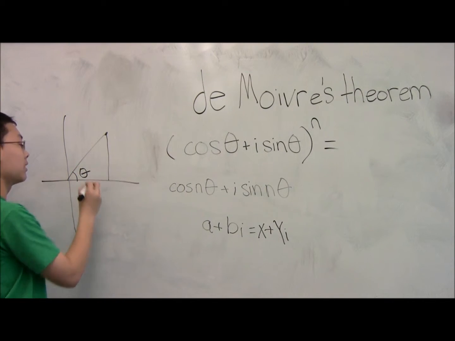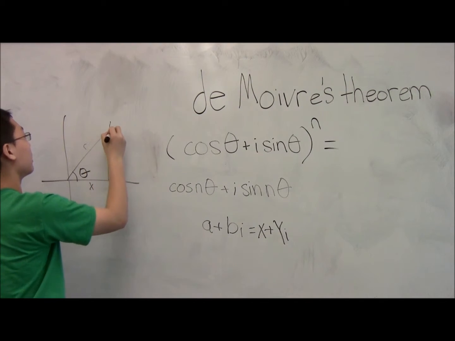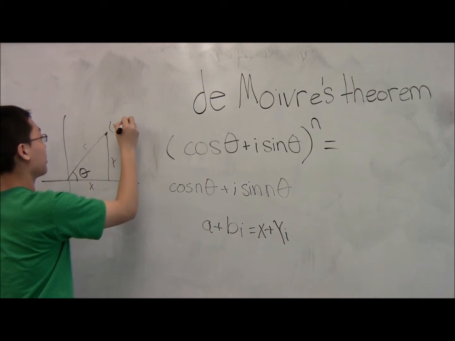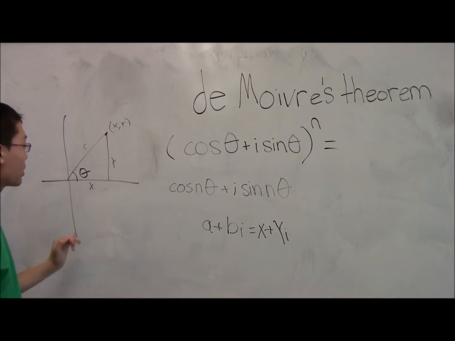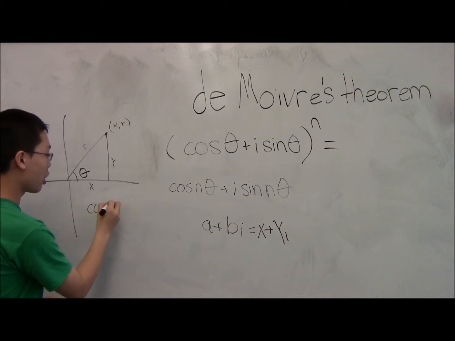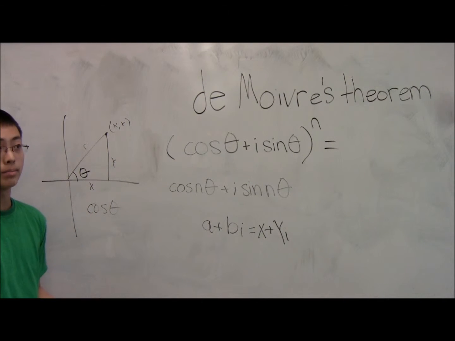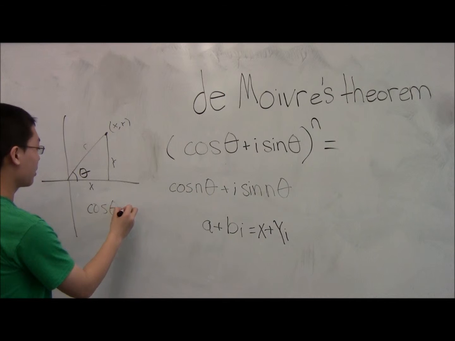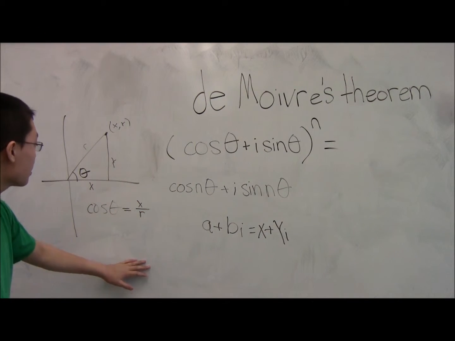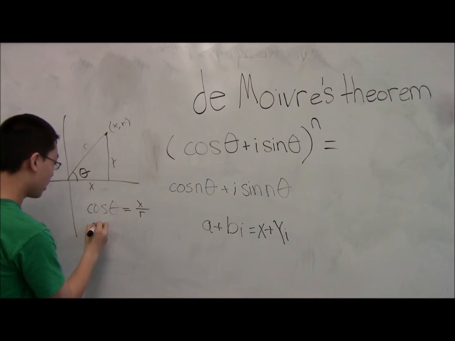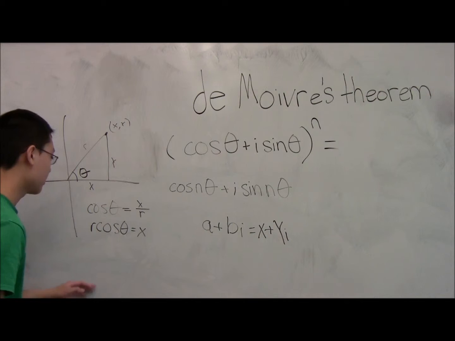This is theta, this is x, this is y, and this is r. This is the point x, y. So if we say, what is the cosine of theta? That's just SOHCAHTOA, adjacent over hypotenuse, x over r. We multiply both sides by r, and we get r cosine of theta equals x.